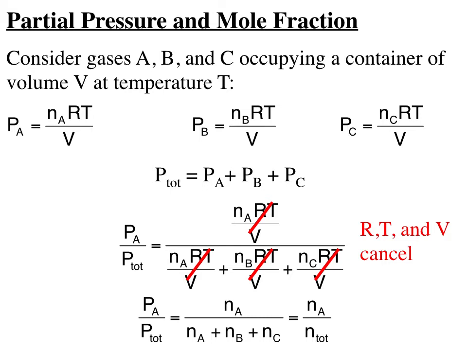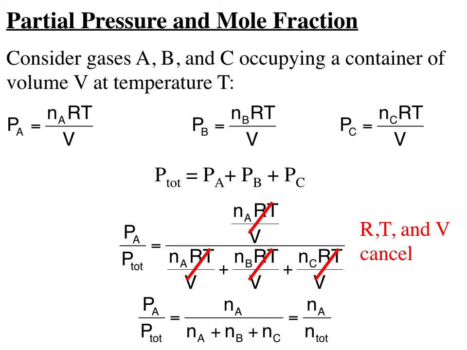And the only variable that differs for each gas is the number of moles of each gas. So PA is NA RT over V, PB is NB RT over V, PC is NC RT over V. Now the RT and V are the same in PA, PB, and PC. The only thing that differentiates them is the number of moles of each.